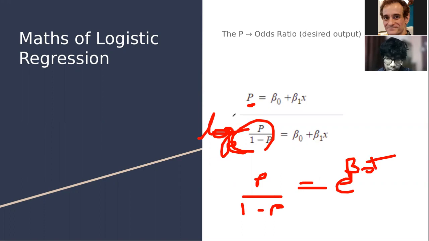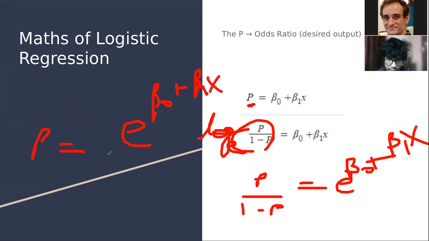After solving, you get P equal to e to the power beta naught plus beta 1x divided by 1 plus e to the power beta naught plus beta 1x. Simple mathematics, just the assumption.